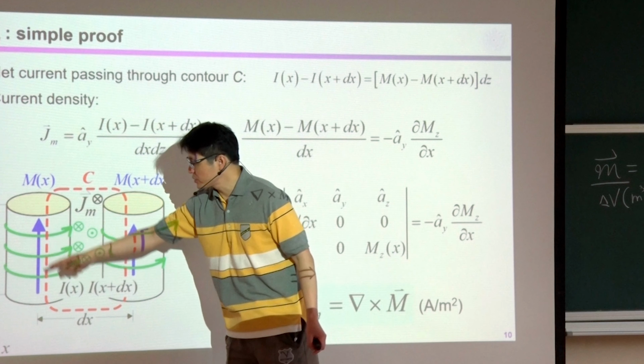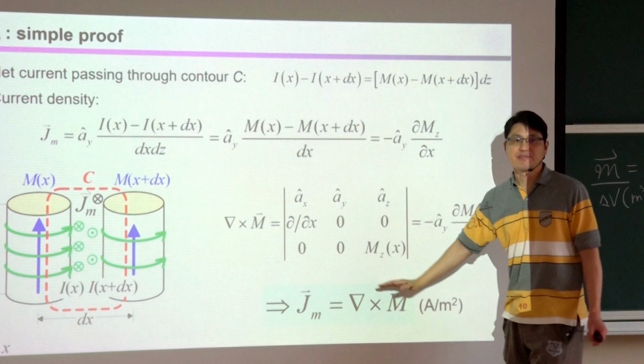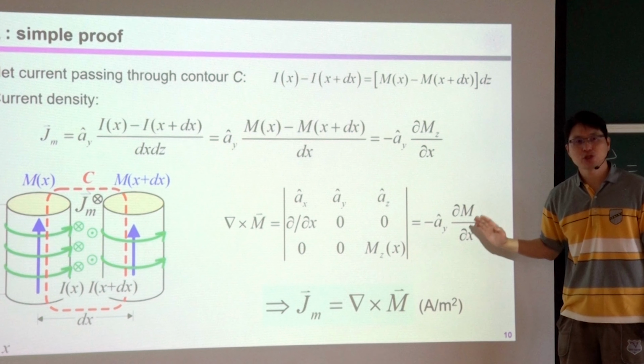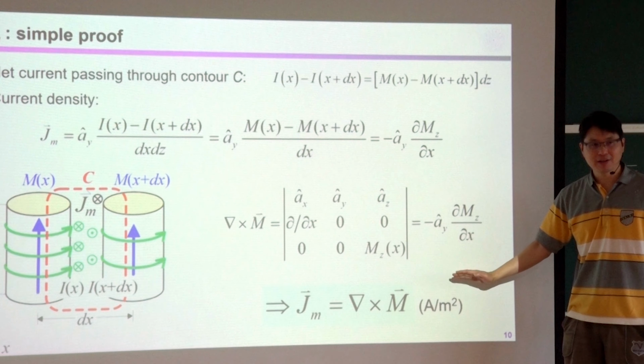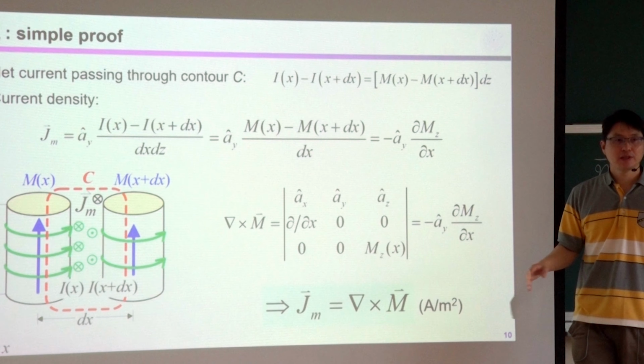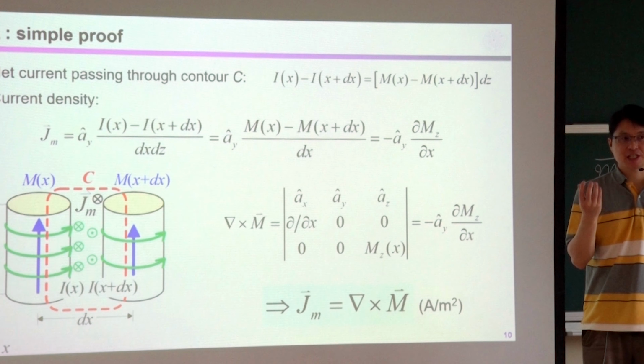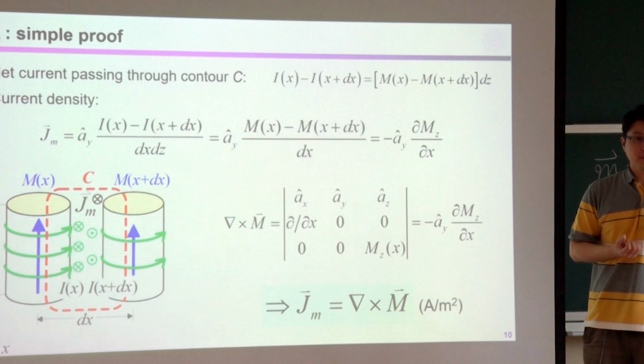And you form the closed loop and you do the calculation by the definition, you can verify this is indeed true. This is a valid mathematical description of the induced volume magnetization current density. Okay?